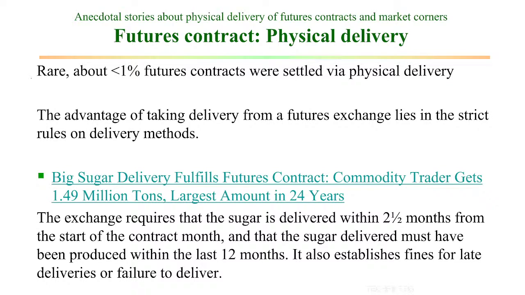It's very rare. Okay, but when it does happen, it's quite risky. Here's one example: a big sugar delivery fulfills a futures contract because the trader just wants to get that sugar. You could type this up in Google and search on this.